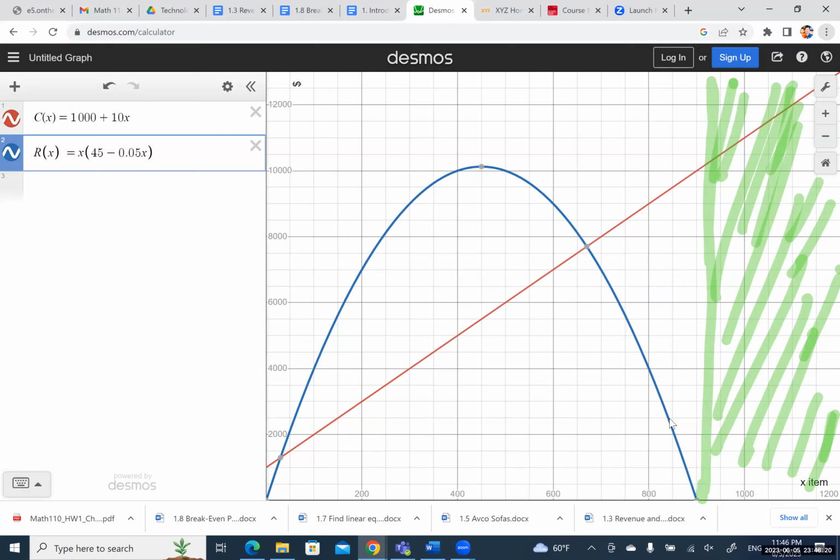If you get a value like 900 here, demand equal to 900, you will have zero revenue.